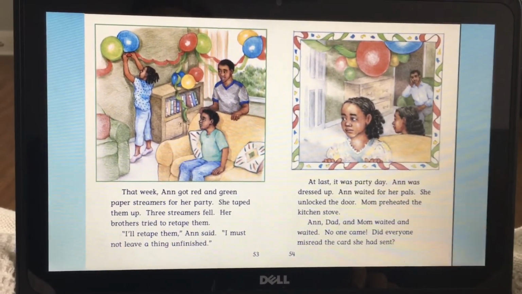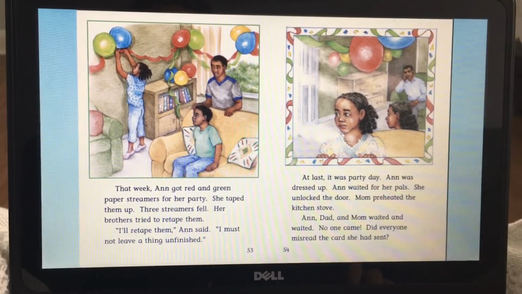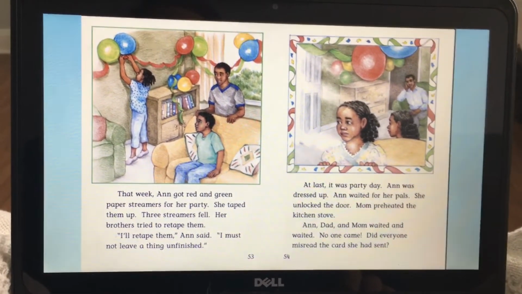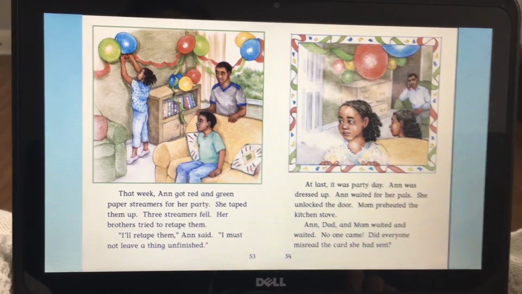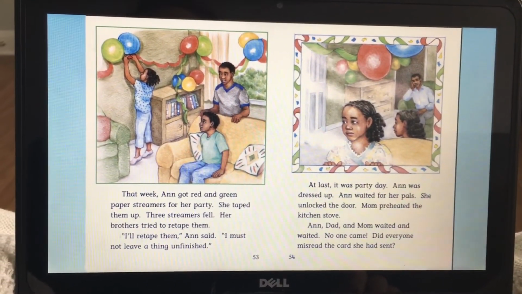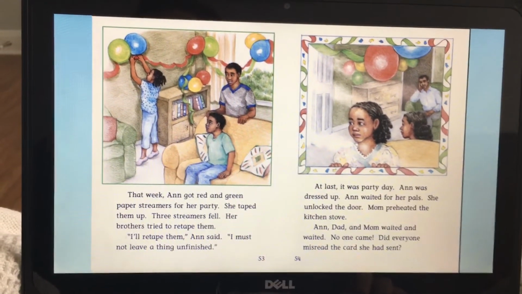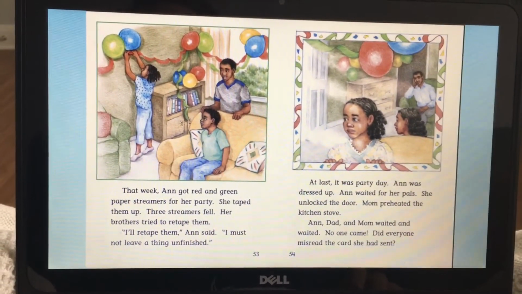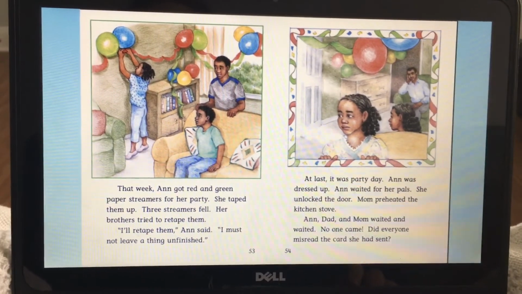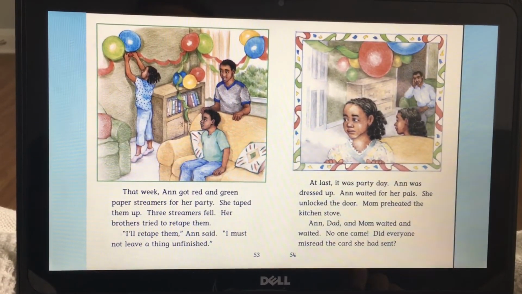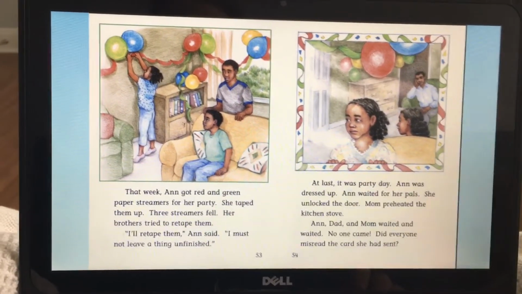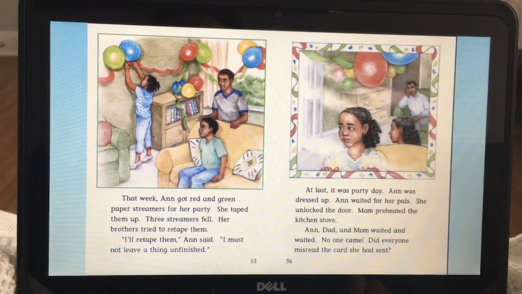That week, Anne got red and green paper streamers for her party. She taped them up. 3 streamers fell. Her brothers tried to help them. I'll retape them, Anne said. I must not leave a thing unfinished. At last, it was party day.